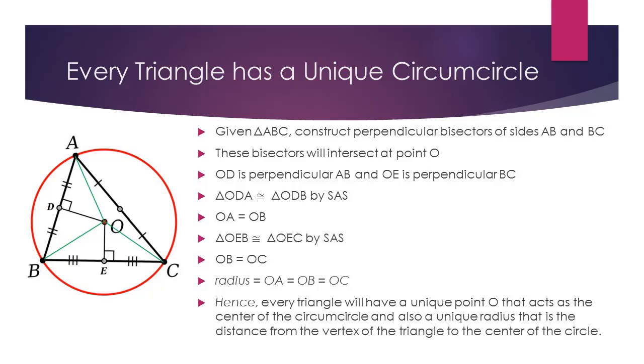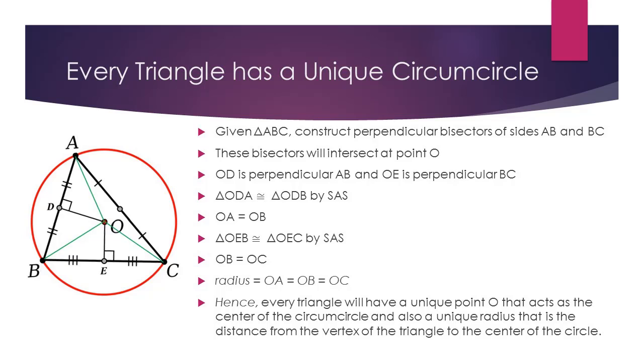So once we know that these two triangles are congruent, we can say that the segment OA is equal to the length of the segment OB. Similarly, we can go to the bottom part of this figure and look at triangles OBE and OCE.